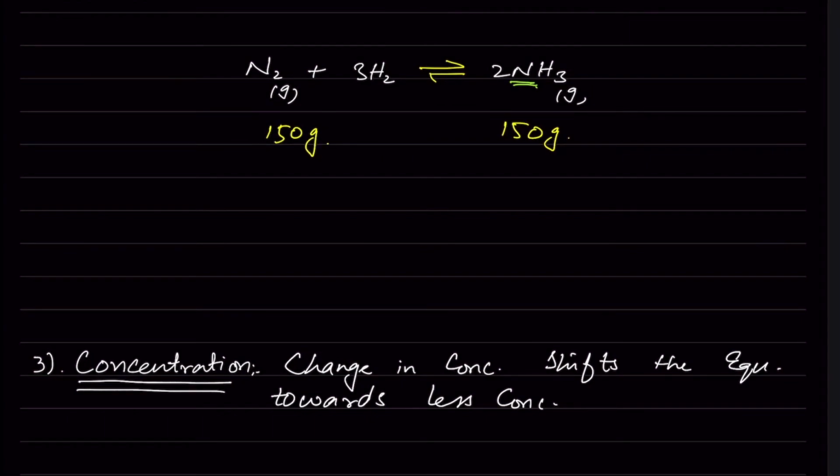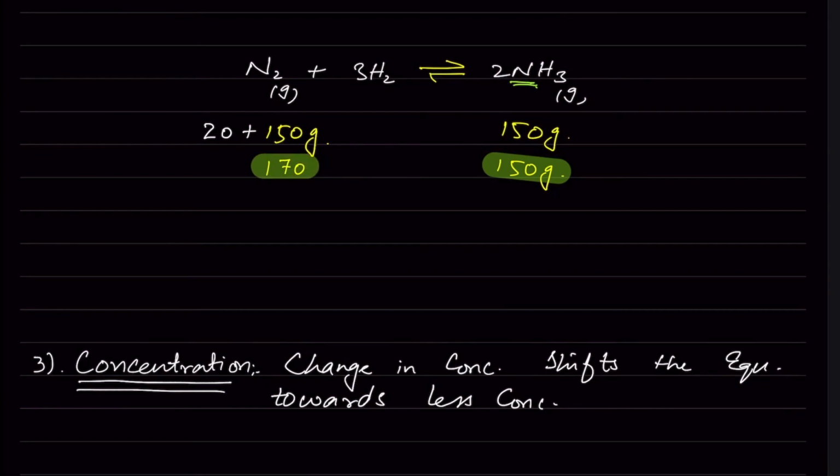Now, if I add 20 grams of nitrogen into it, normally there was 150 and 150, I added 20 gram of nitrogen. So the concentration of reactant is now 170 and the amount of product is 150 gram. Now equilibrium is disturbed because less product is formed and the amount of reactant is more.